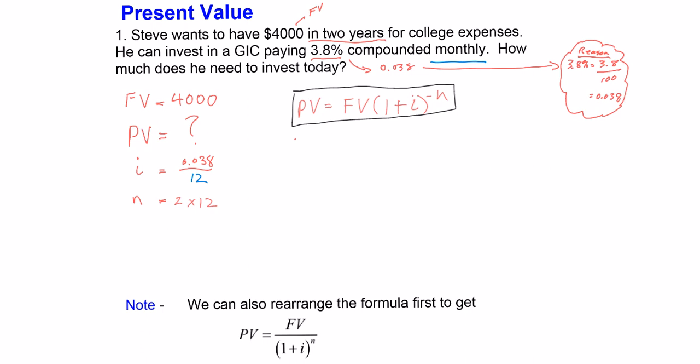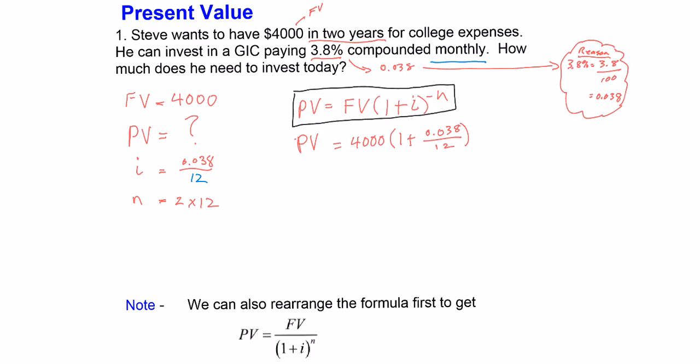Now let's continue. Upon substitution, we don't know what PV is, so we're going to leave our variable there. And then we're going to substitute all the information that we have here, here, and here. And so that means we have 4,000 times 1 plus 0.038 divided by 12.